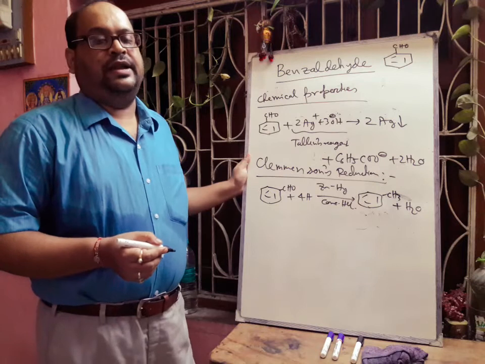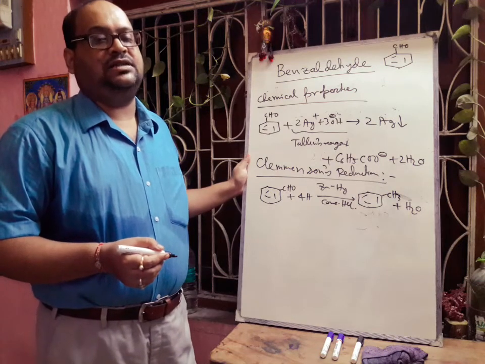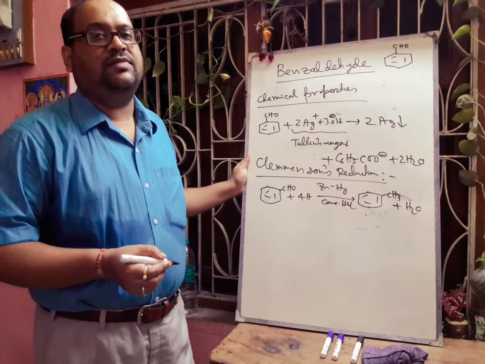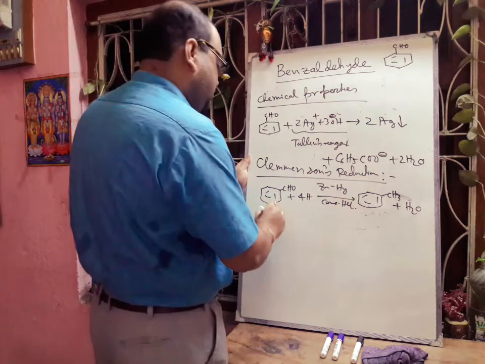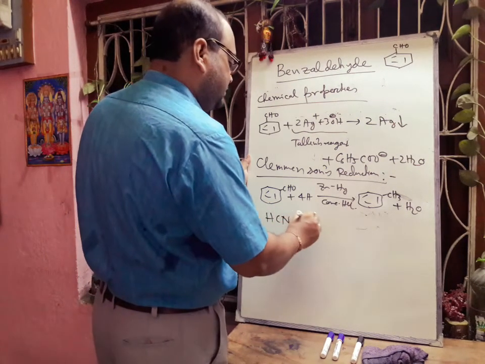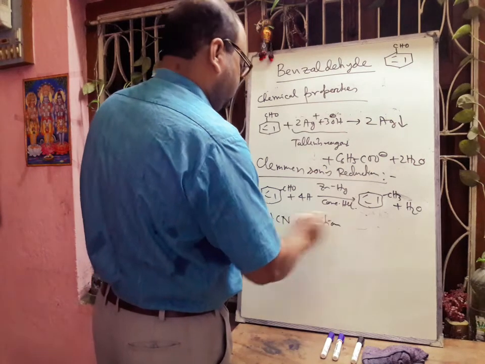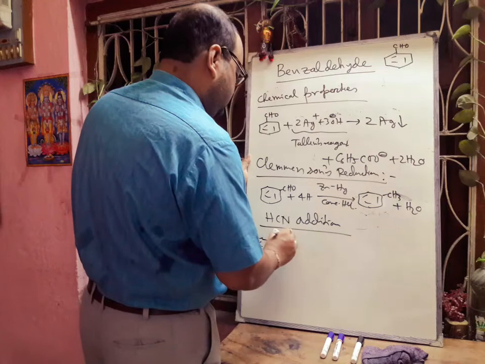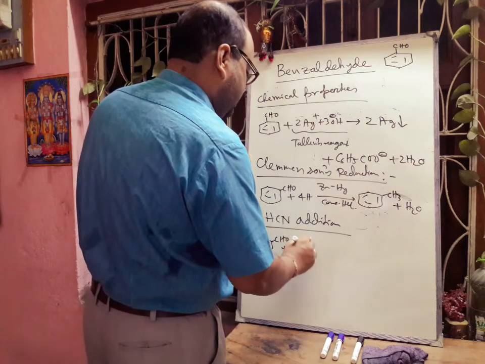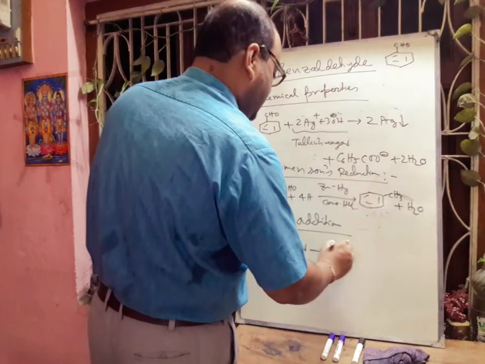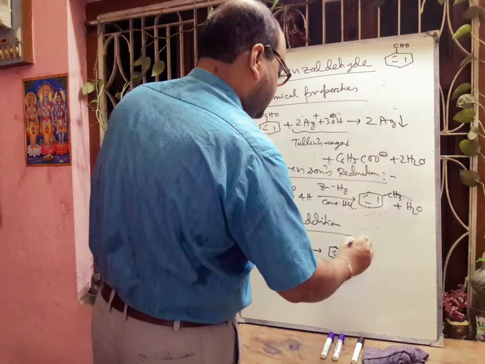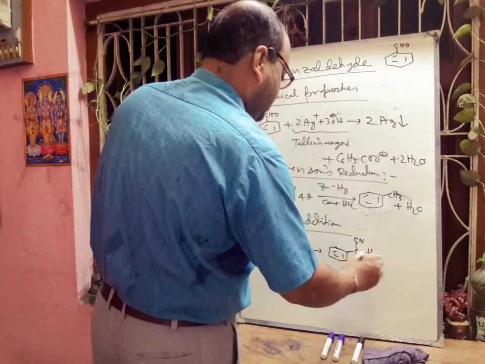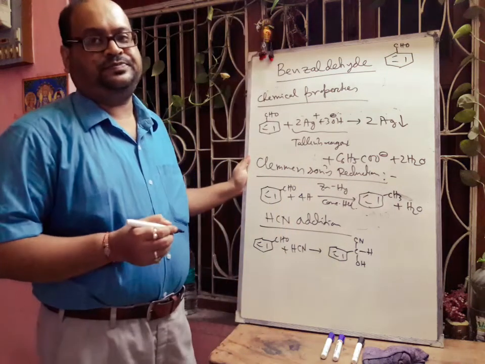Understand? Next we will discuss the addition reactions of the aldehyde. Like aldehydes, there will also be the addition of HCN. So next we will discuss HCN addition. If you take benzaldehyde and add HCN, definitely there will be formation of the cyanohydrin, CN and OH on the same carbon.